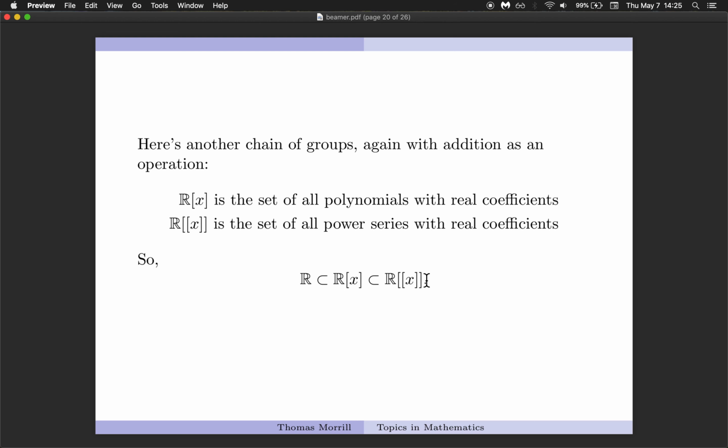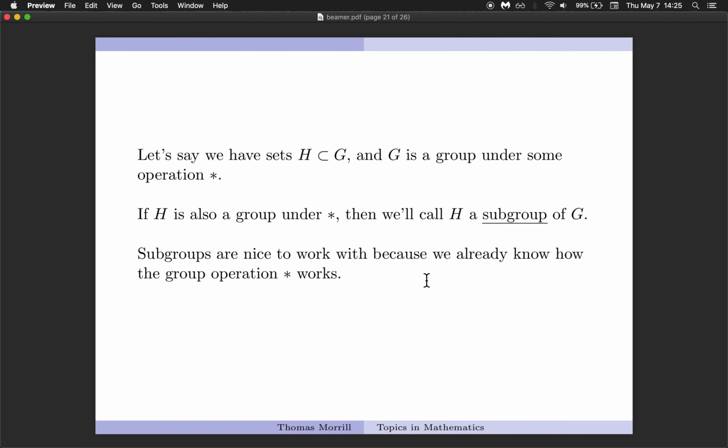How can I find subgroups more generally, and what do they allow me to do in algebra? So in general, I need two sets, right? I've got some set H, and I've got some set G. H is a subset of G. Every element of H is contained in G. On top of that, G is going to be a group.